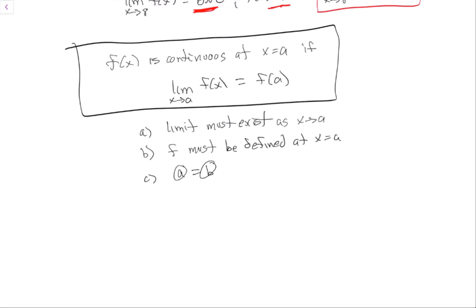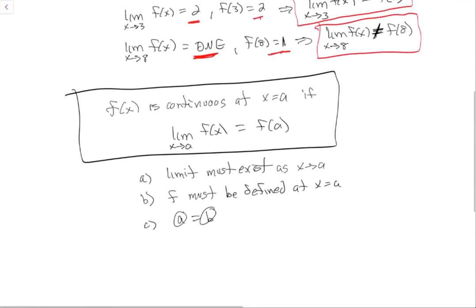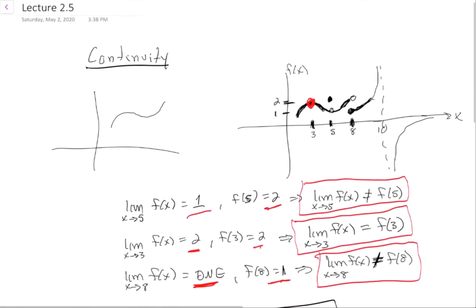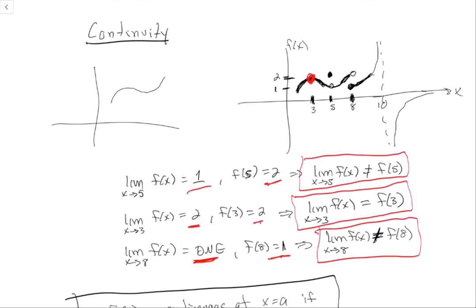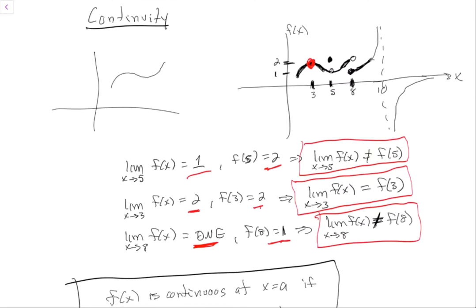And in fact, I'm going to scroll back up to my graph real quick, because if we look at the function being defined, in all three of these cases, f at 5 was defined to be 2, right? F at 3 was defined, and f at 8 was defined. So we actually never had that fail in that example, and that's because I completely forgot to come out here and look at x equals 10, right?